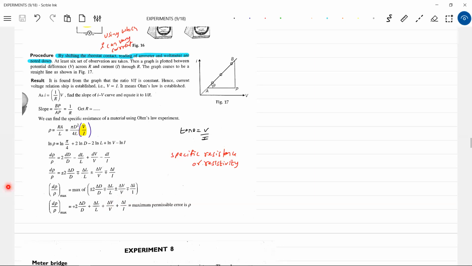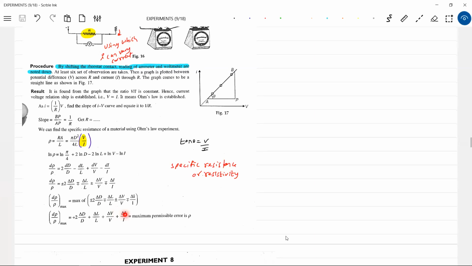One student will do this experiment with a microammeter, another with a milliammeter. Tell me where the error will be more. Delta I: what is the smallest current I can measure? 1 milliampere. One student will choose a milliammeter, the other a microammeter, where the scales will be like this.